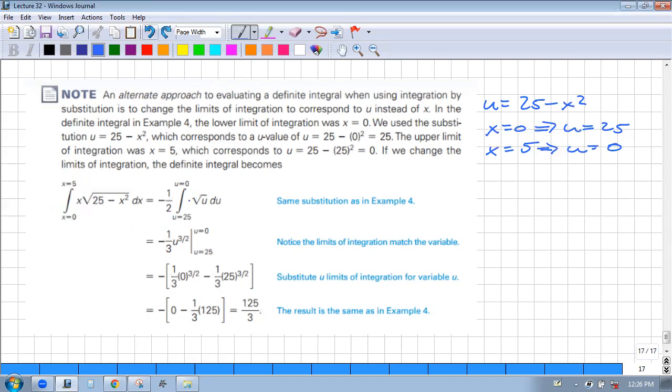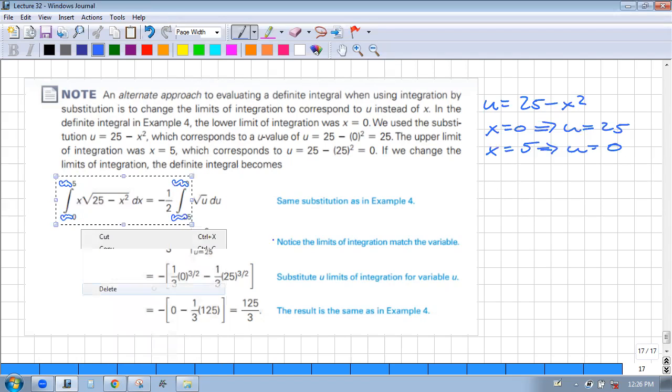So over here, if you didn't put this, it's assumed, because these are x's, that you're talking about x. Over here, if you don't put this, because these are u's, you're assuming that it's u that's going from 25 to 0. So we don't actually have to write this. They are writing it to make explicit what's going on, right?